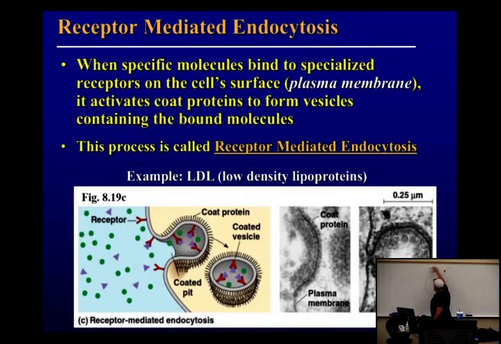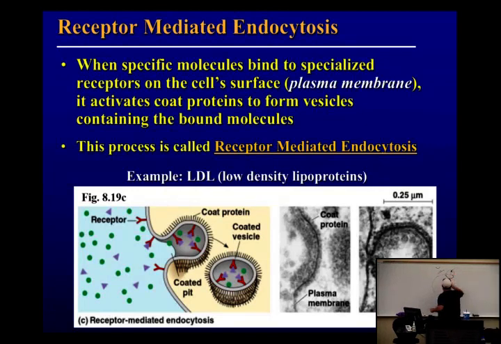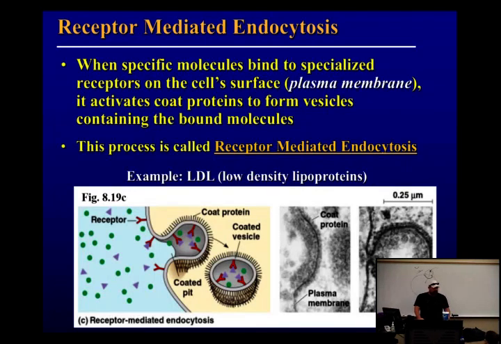And clathrin is basically kind of a U shape, so it'll start building up in this area. If you have a bunch of U shapes, eventually they're going to form a circle, right? So this thing will pull in the receptor and the molecule and create a vesicle in that manner using this clathrin, which is shown here in these black lines.